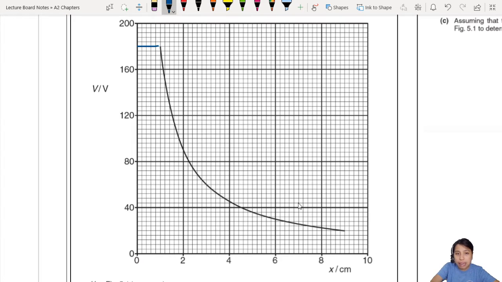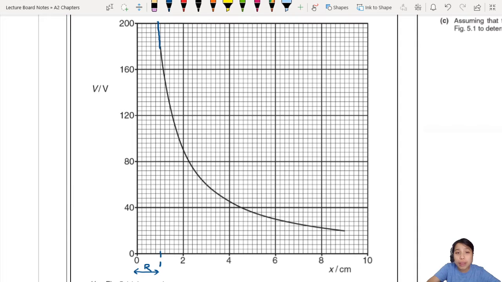So if, let's say, the radius was here, then inside there it should be straight. And this will be 1. If the radius, I'll label here, this radius, is more than 1 cm, then it should be a straight line somewhere, then only here go down. But it's not, it stops there. So the radius probably will be less than 1. Okay, the graph can still continue, I don't care, but they're asking why it cannot be greater than 1.